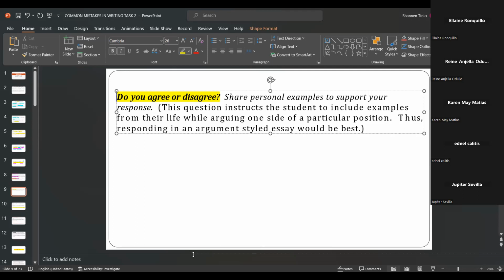Sa mga babae, mahihirapan kayo dito because we all know women are so indecisive. Mga babae, really, right? Women are very indecisive, especially take her to the shopping mall.